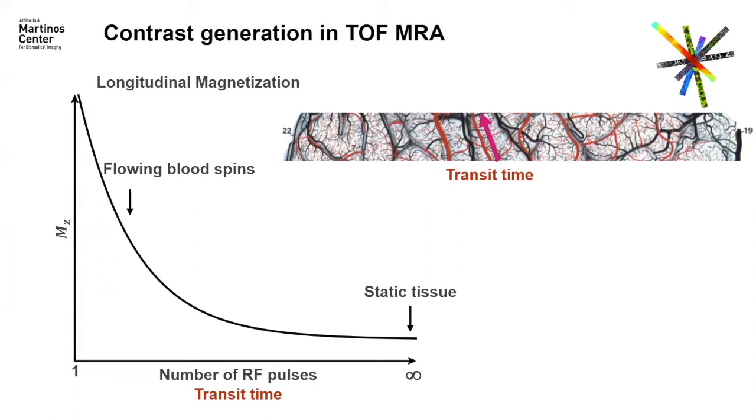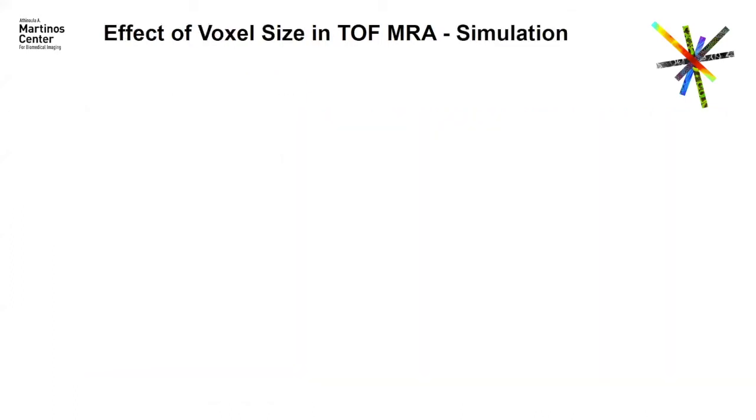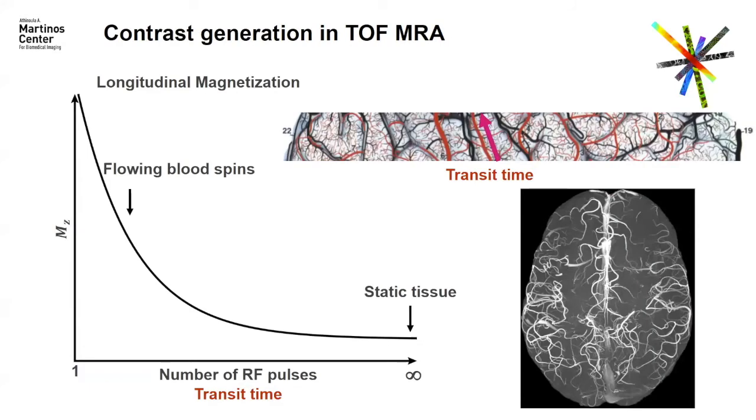And that's how time-of-flight works. Oops, too fast. I have a really big GIF in there, so it's a little bit shaky. On the bottom right, you can see how such a time-of-flight image looks. But you can also see that we only see the really big branches and not the small ones. So far, the theory ran that by the time blood gets into the small branches, the flow is so slow that you're down at the bottom of this curve and you don't get a contrast anymore between the static tissue and the flowing blood.